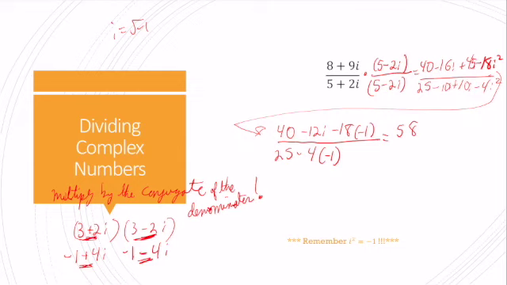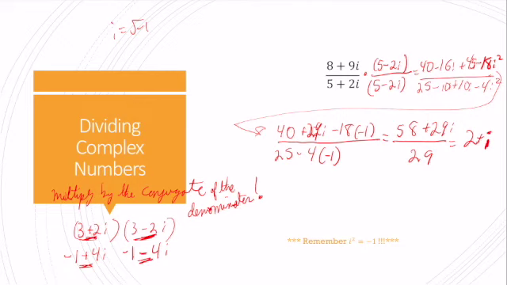So that's going to give me minus 16 plus 45, that's positive 29i. So I have 40 plus 18 plus 29i over 29. 58 divided by 29 is 2. 29i divided by 29 is i.